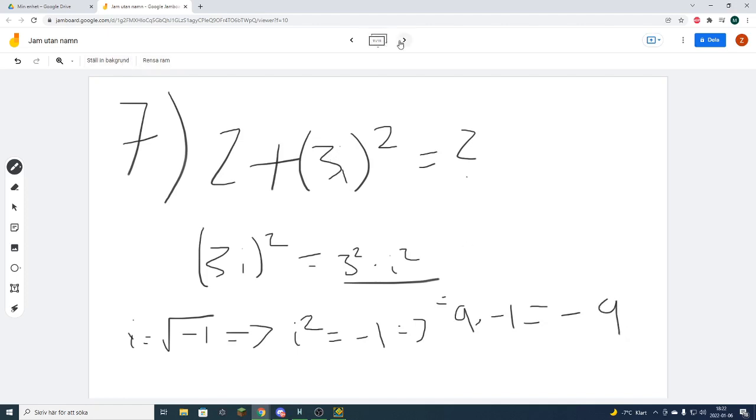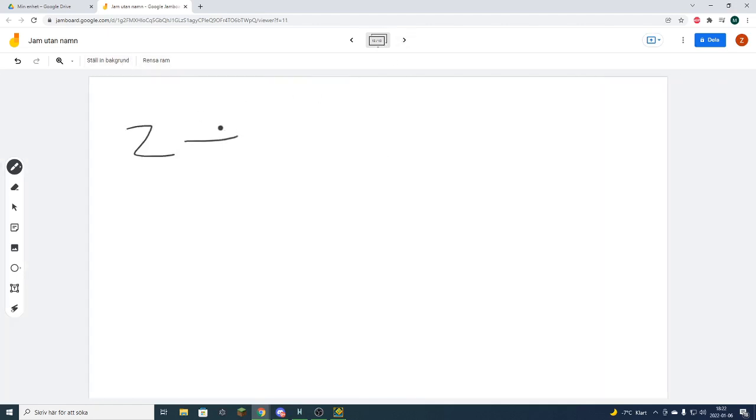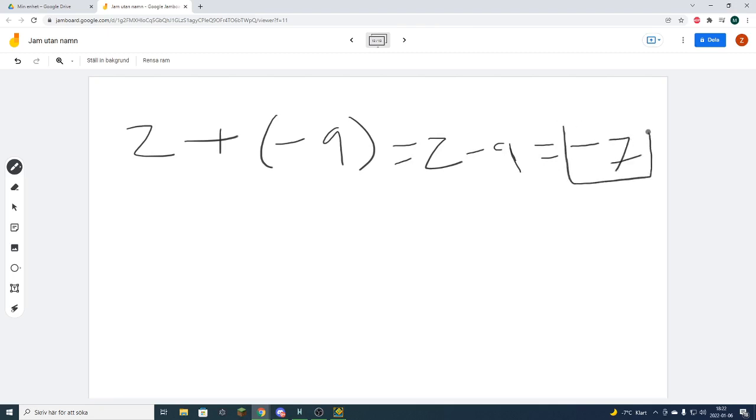So we get 2 plus -9, i.e. 2 minus 9, i.e. -7. So the answer to question number 7 is -7. And so that was question number 7.